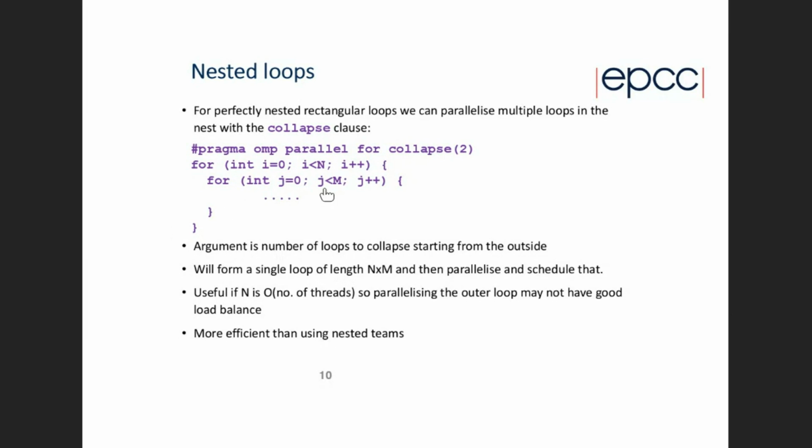In this case, that single loop will be of length n times n, and then it will schedule and parallelize that. Okay, so it'll create this implied long loop, and then just treat that like a normal parallel for loop.